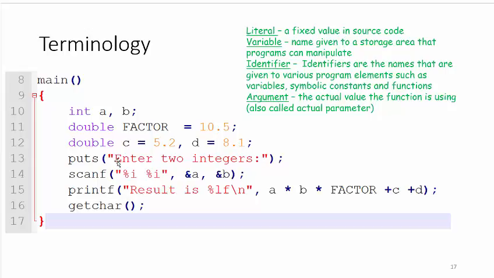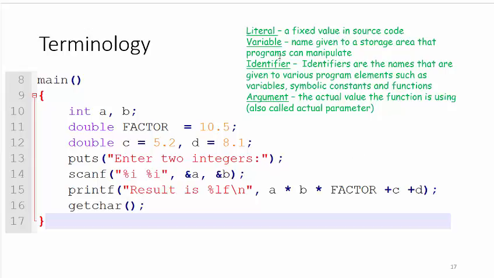But we can also have a string literal. I have a string literal right here that says enter two integers. So a literal can also be a string. But it's something that's fixed, like enter two integers. It's something that's stored in memory. It's a string phrase, and that's literally the thing that's stored in the memory location.